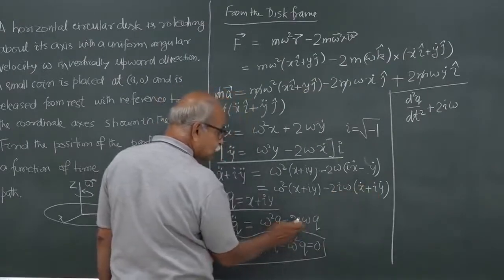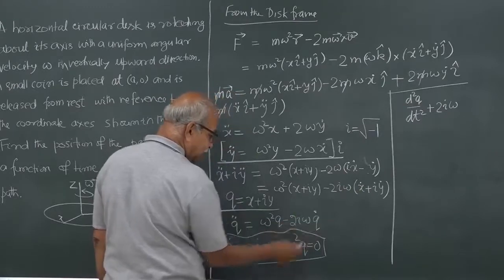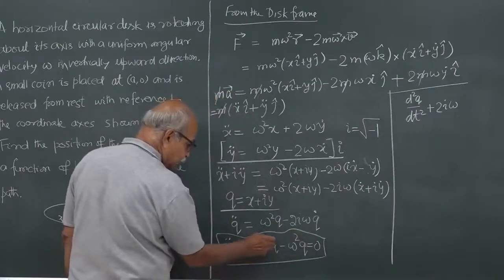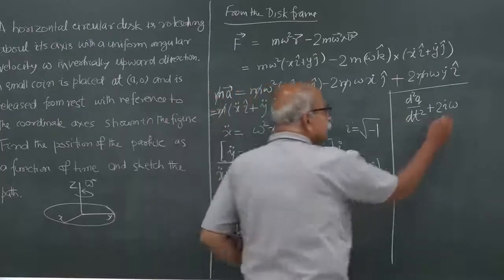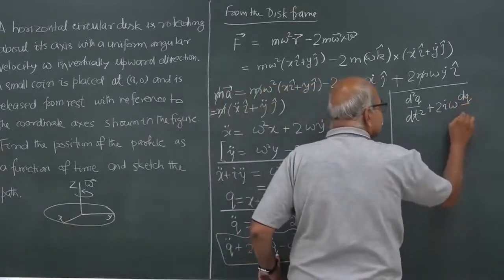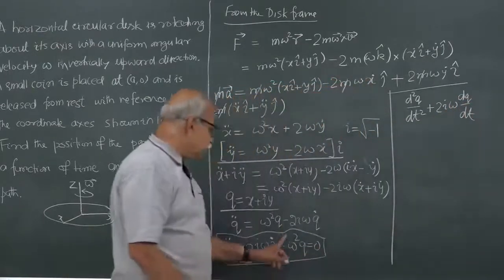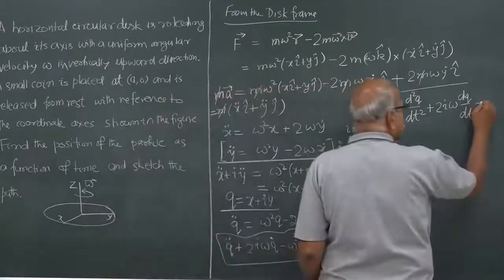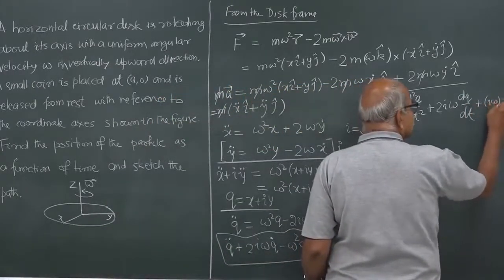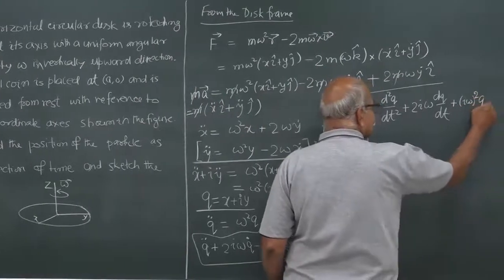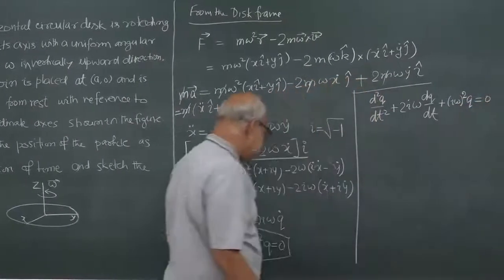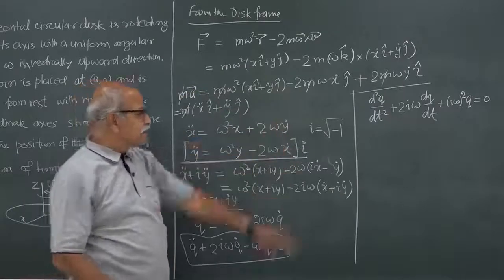So plus 2 i omega q dot here, that is dq dt, and then minus omega square q, and this is equal to 0. Okay. So it is a very standard equation.